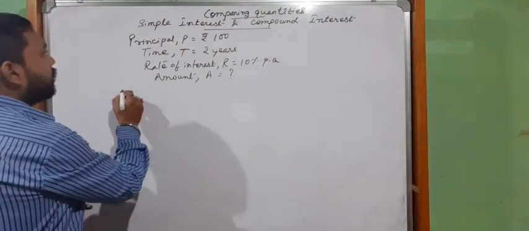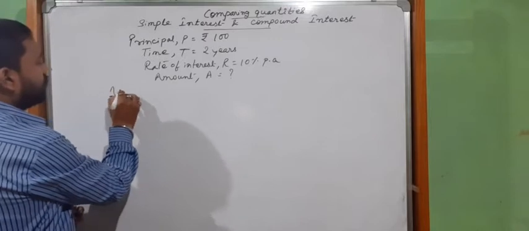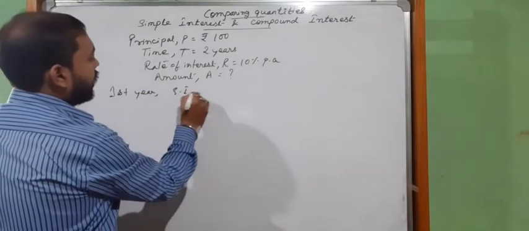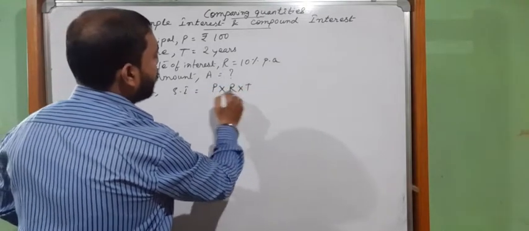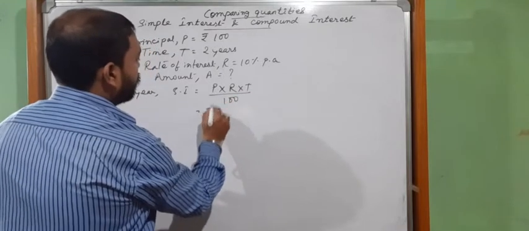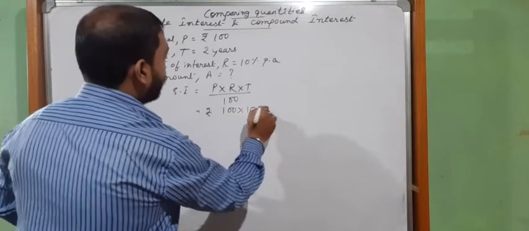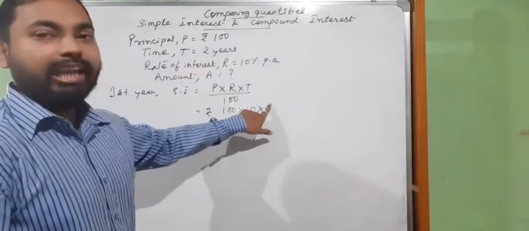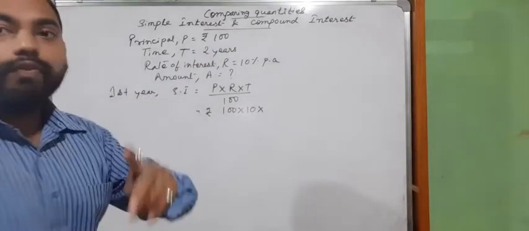So first let us calculate the simple interest for the first year. For the first year, what will be my SI? SI is equal to P into R into T by 100. Principal is already given, 100, rate of interest 10. Now time is 2 years, but I will be taking 1 year because we are calculating the interest for the first year.